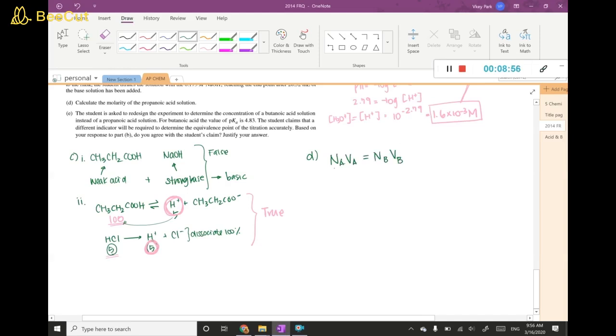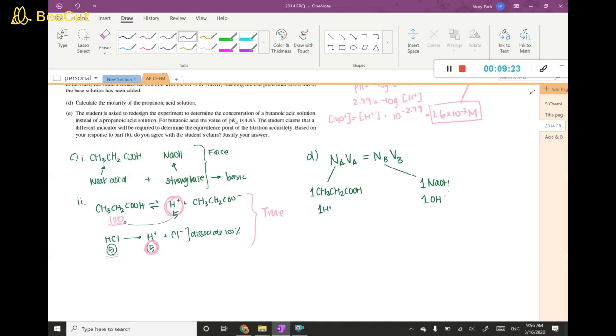Yeah. So this is normality for the acid, and it's for the propanoic acid. It just so happens that I only have 1 H plus per 1 propanoic acid, right? And what about this one? Same idea. I have 1 sodium hydroxide per 1 hydroxide ion, right? So the number of moles of H pluses equals the moles of OH minuses.